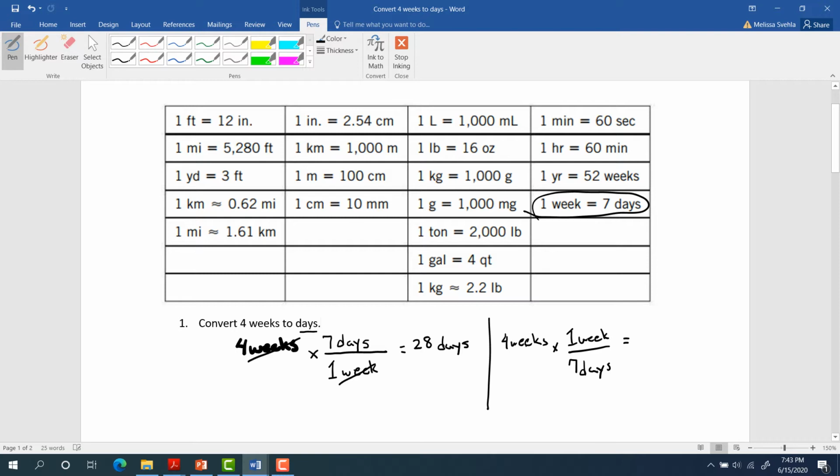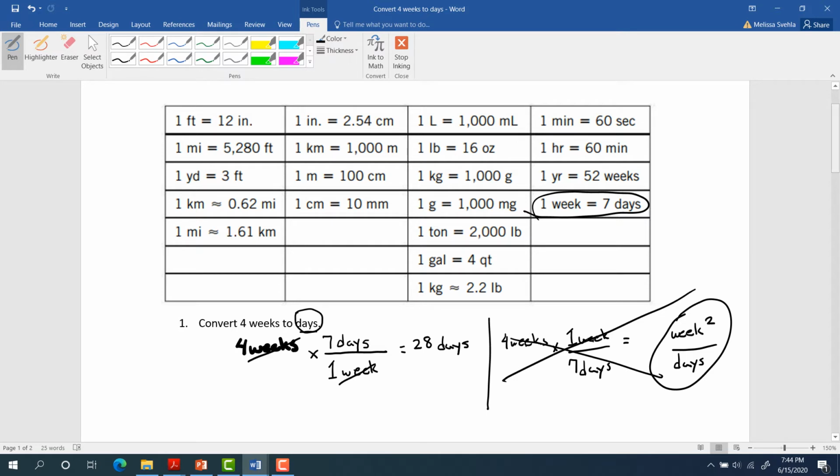I have weeks times weeks, so this is really weeks squared, because something multiplied by itself is squared, and I have over days. So I can clearly see, before I even do any math or any numbers, that my units do not come out right. Because I don't want weeks squared over days, I just want days by itself. So clearly this one is not correct, okay?